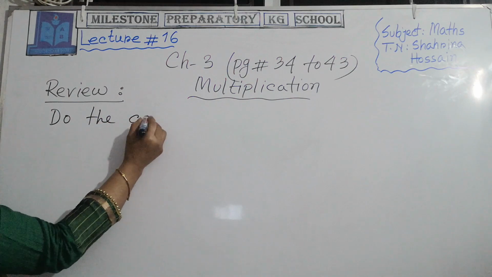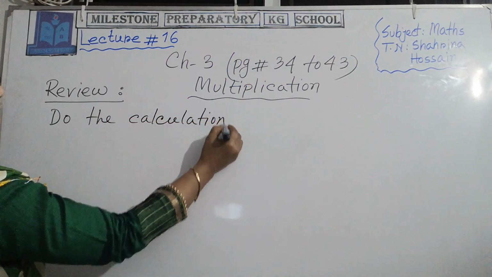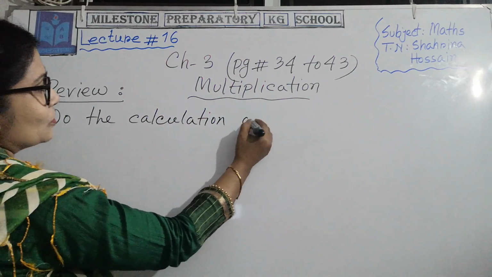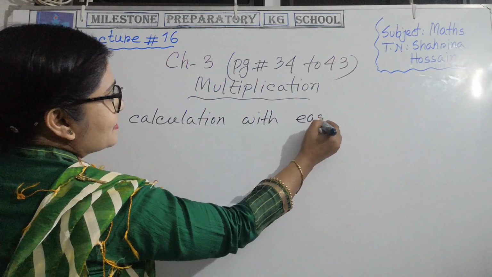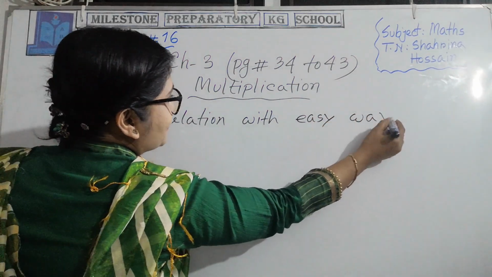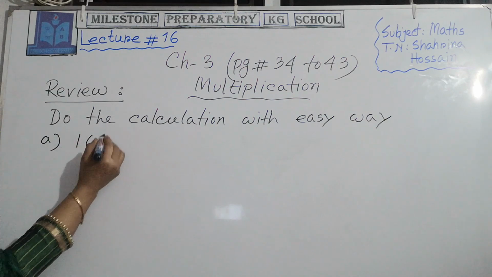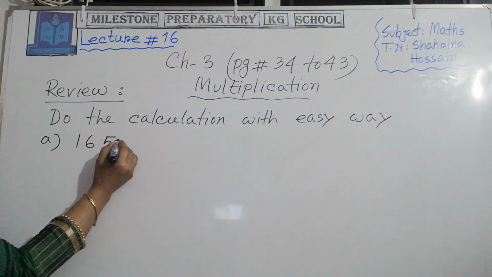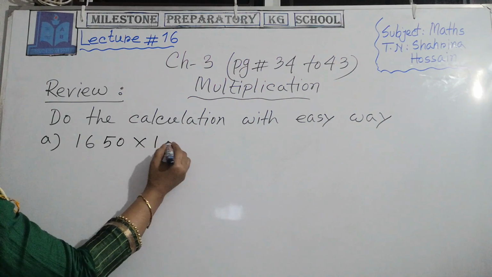Do the calculation with the easy way. Number A, 1650 multiplied by 10.